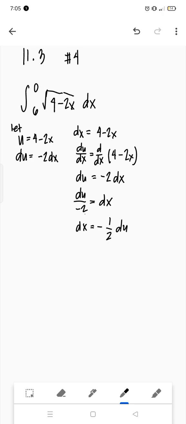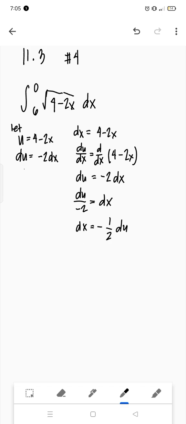Why negative 1/2? Because dx goes over to the other side and du goes over here. We have a negative 2 for our denominator, and on the numerator it will become automatically 1.